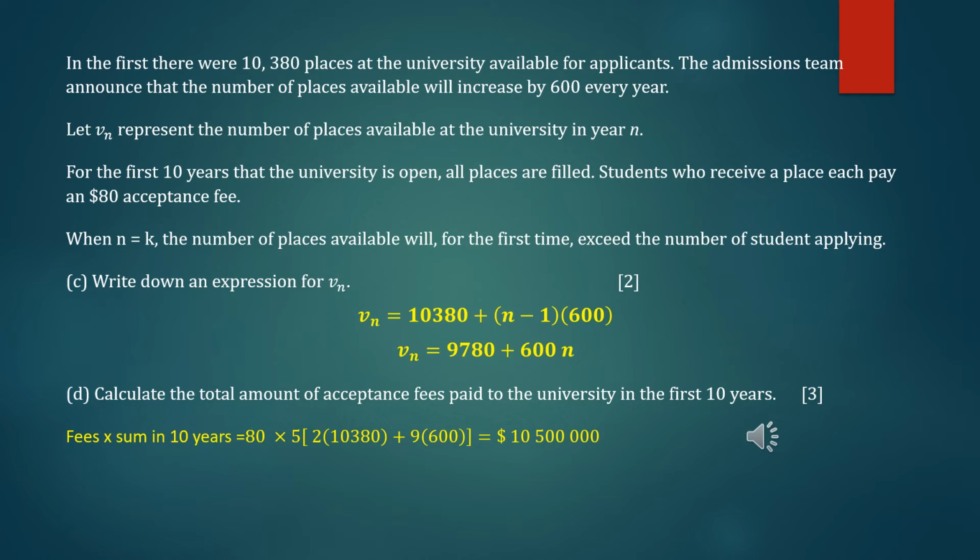Substituting that to the formula that we have, 80 times 5, obtained by dividing 10 by 2, which is in the formula, and then 2 times the first term plus n minus 1, which is 9, 10 minus 1 is 9, and the difference is 600. So this gives an answer which is equal to $10,500,000.